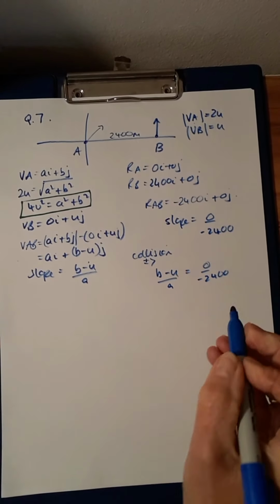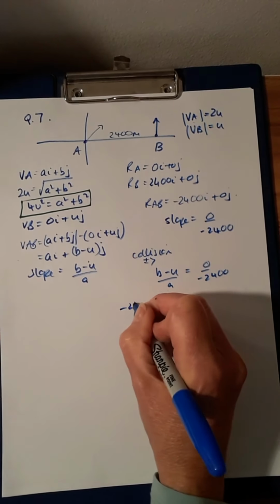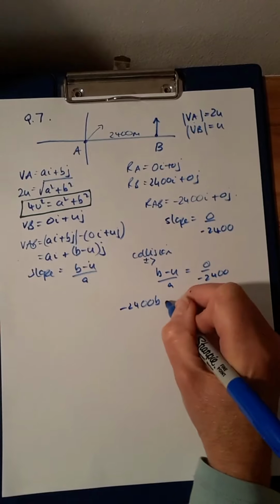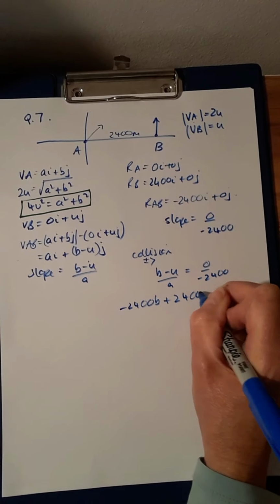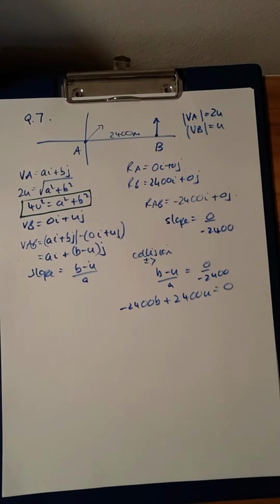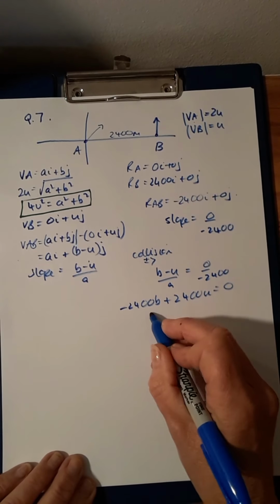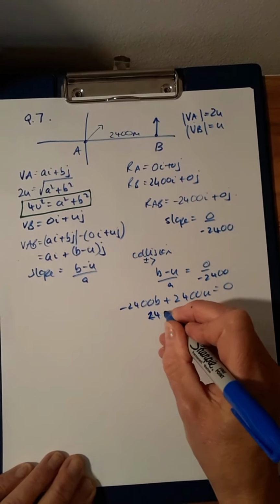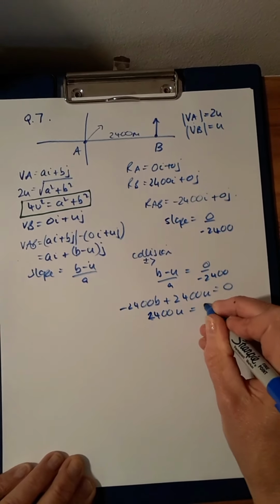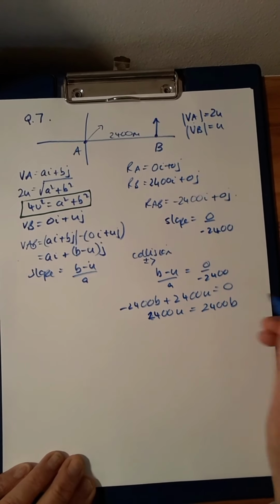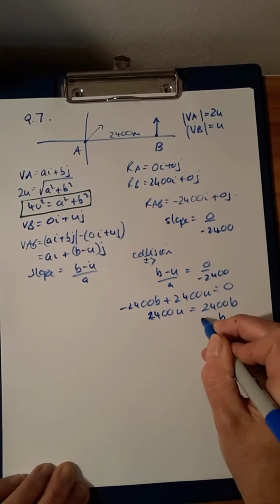When I cross multiply, this will become minus 2400b plus 2400u is equal to 0. A times 0 will be 0. And then 2400u will be equal to 2400b. If I bring that over, so obviously b is equal to u.